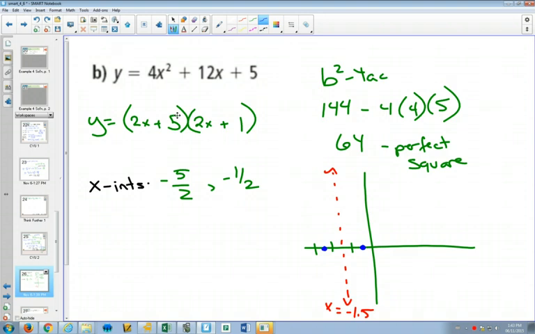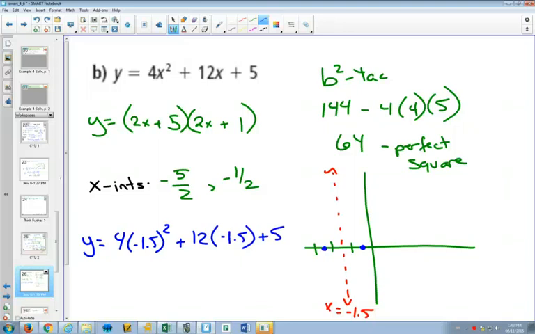Now that we know the axis of symmetry is at negative 1.5, you can find the y-coordinate of your vertex. Because all you need to do is plug in negative 1.5 into your equation. Go to your calculator to figure that out.